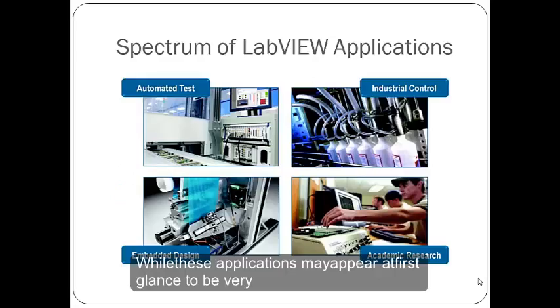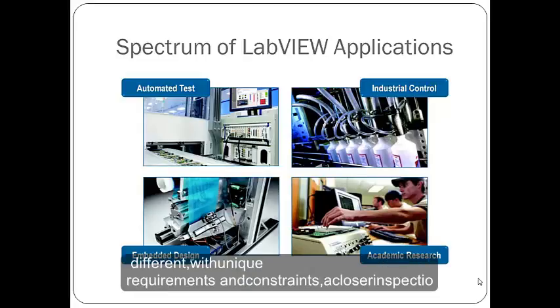Before we dive into the details of what LabVIEW is, let's start by looking at the types of applications that LabVIEW is used to create. Engineers and scientists use LabVIEW in a wide range of industries and for diverse applications that include automated test, industrial monitoring and control, embedded design, and academic teaching and research.